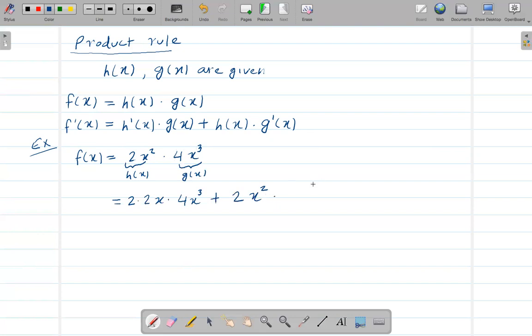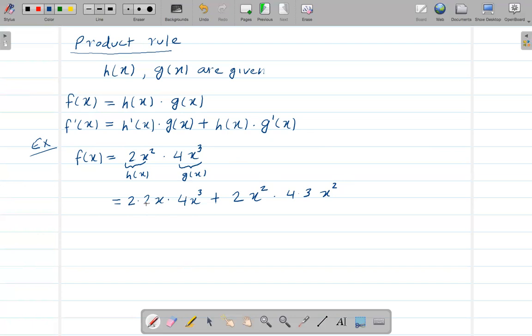So the derivative of the second equation would be, okay, again, 4 will stay the same. Bring this 3 down here. Then it will be x to the power 3 minus 1 is 2, right? Okay, now let's just combine this.